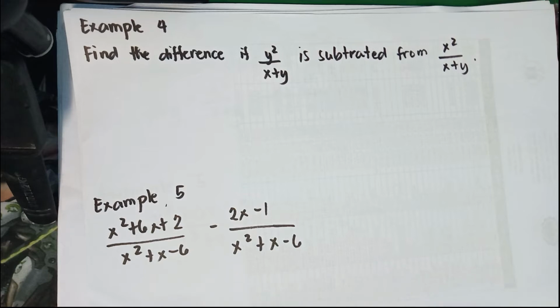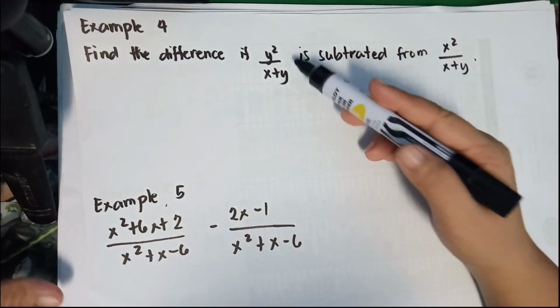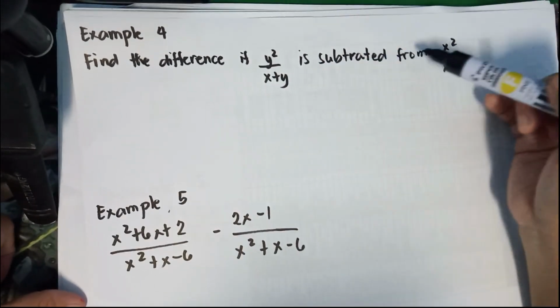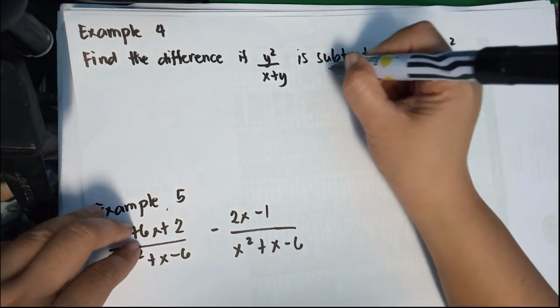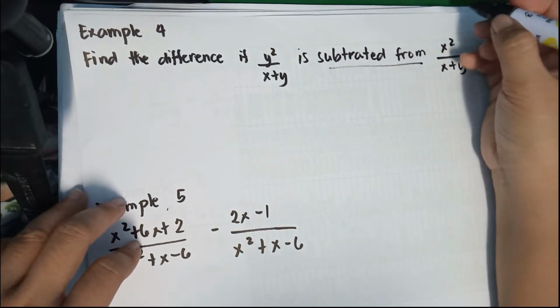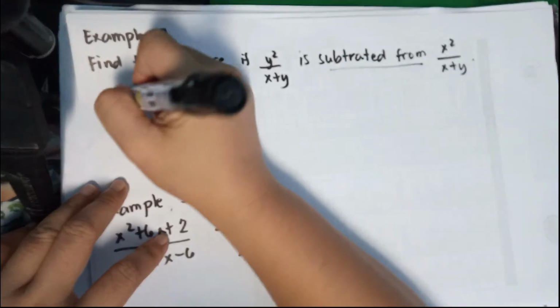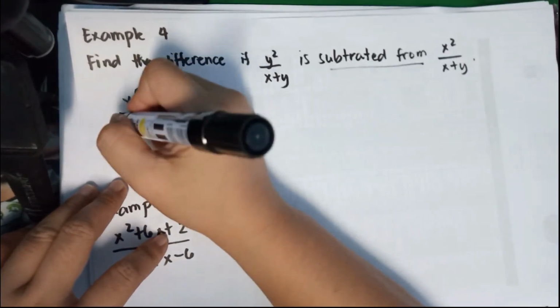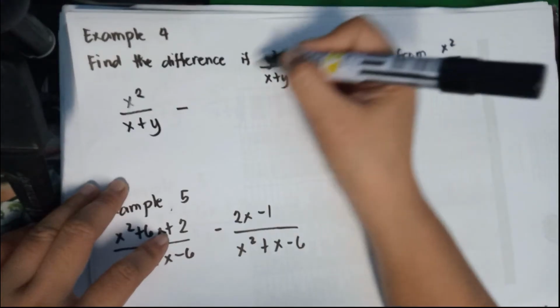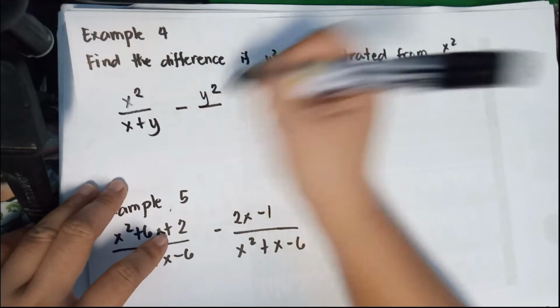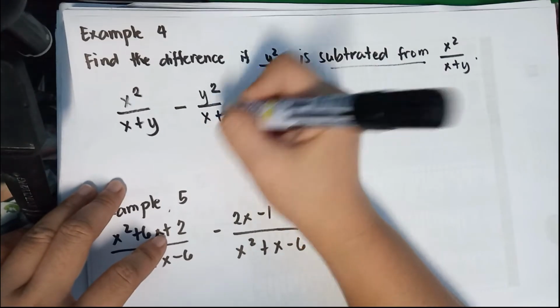Example number 4. Find the difference if y squared over x plus y is subtracted from x squared over x plus y. Since we have here the words subtracted from, then we will write x squared over x plus y first, minus y squared over x plus y.